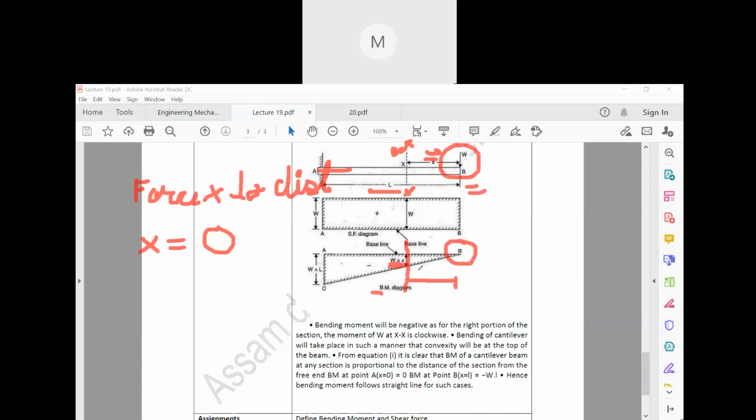Now if you take this section here, it is at a distance of L. If it is L, then the bending moment BM will be W into L. Simple. Now why negative? I just told you right now. So this is how it will be.